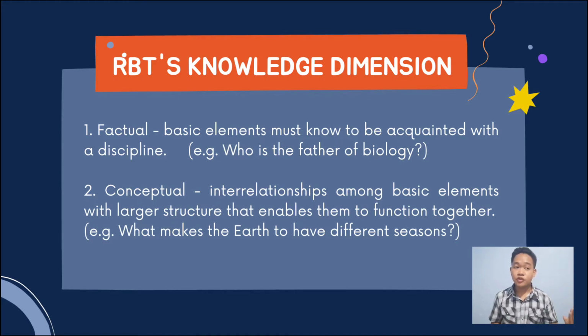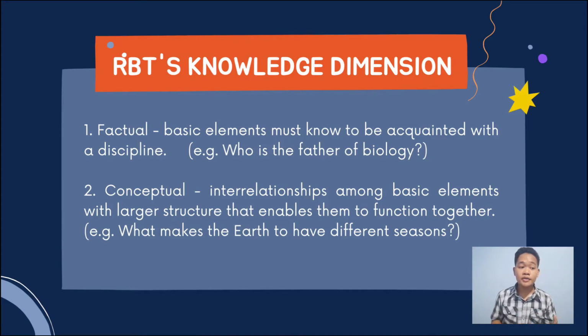So commonly, this answers the questions that begin with what. Like our example, what makes the earth have different seasons? So in order for us to answer this, we need to consider a lot of things like the earth itself, its revolution, its axis, and so more.